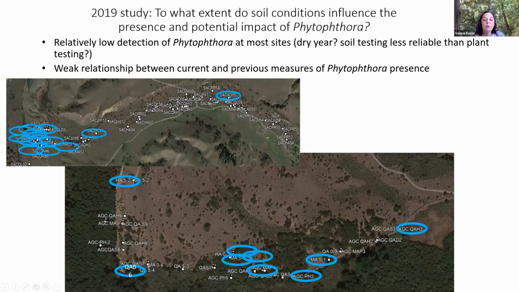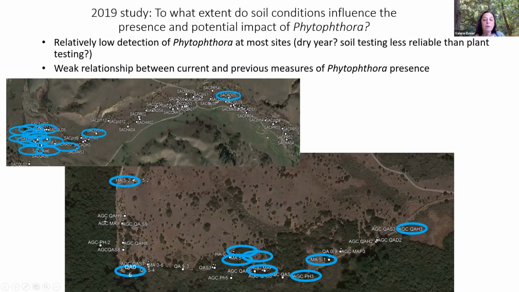So we have 11 plots that we set up in non-restored areas and 12 plots in restored areas. Some of you may recognize these sites. This is a map showing where all of the previous Phytophthora have been found in our sites.